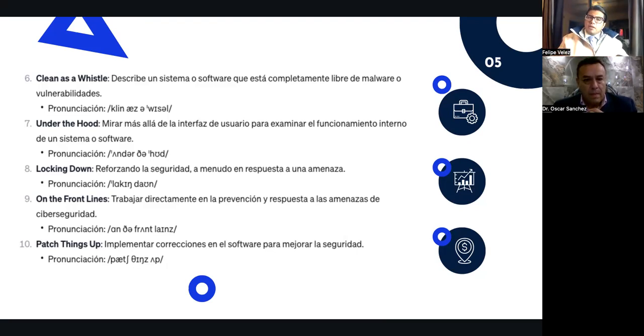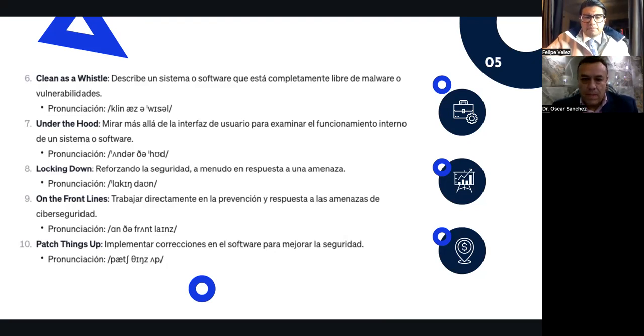We say that is a secret door. So that examination, that investigation, is a very profound, deep investigation. We say under the hood. Again, pronunciation, under the hood. Very good. It means that you're going to check everything in the system from the beginning. Exactly. Very good.